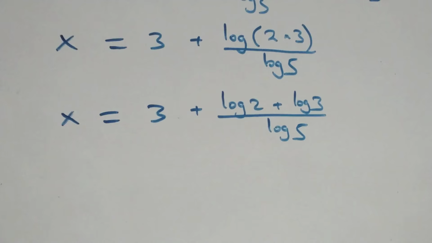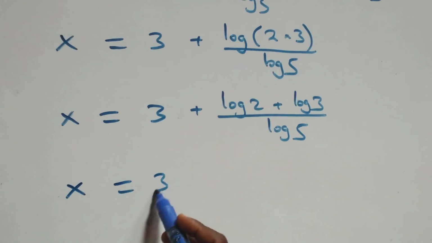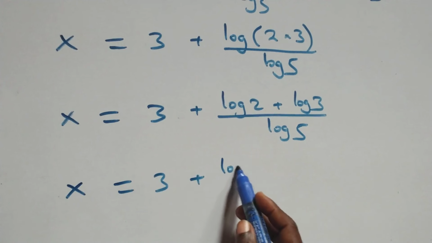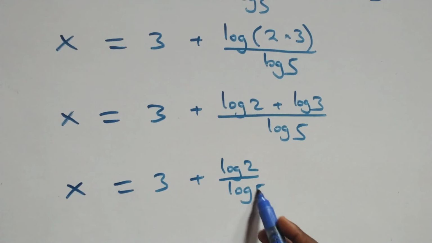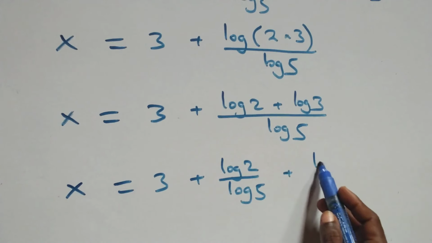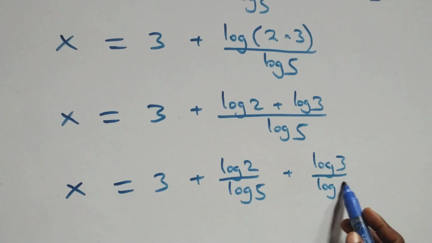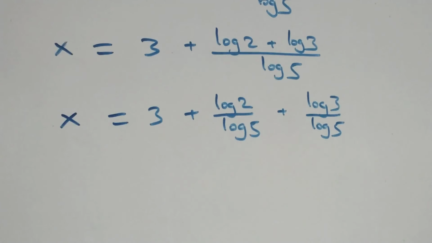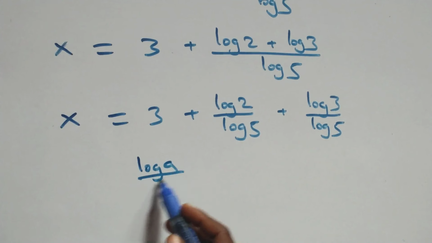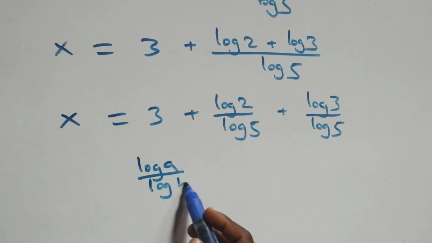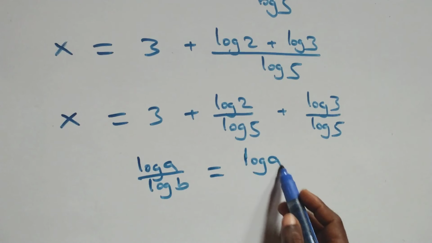Then we separate this into two fractions, and we have x equals 3 plus log 2 over log 5 plus log 3 over log 5. That is, next step here, we apply change of base: when we have log a over log b, it is the same thing as log a to base b.